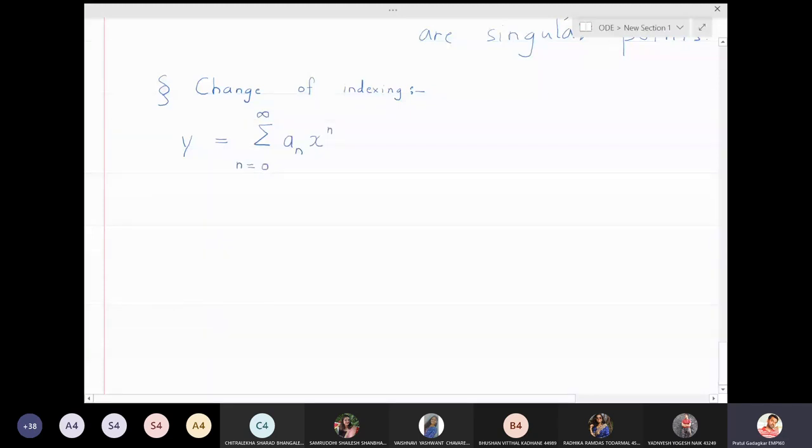Now this means that y is equal to, put n equal to 0, a0 x raised to 0 plus a1 x raised to 1 plus a2 x square plus a3 x cube and so on. This is called a power series.